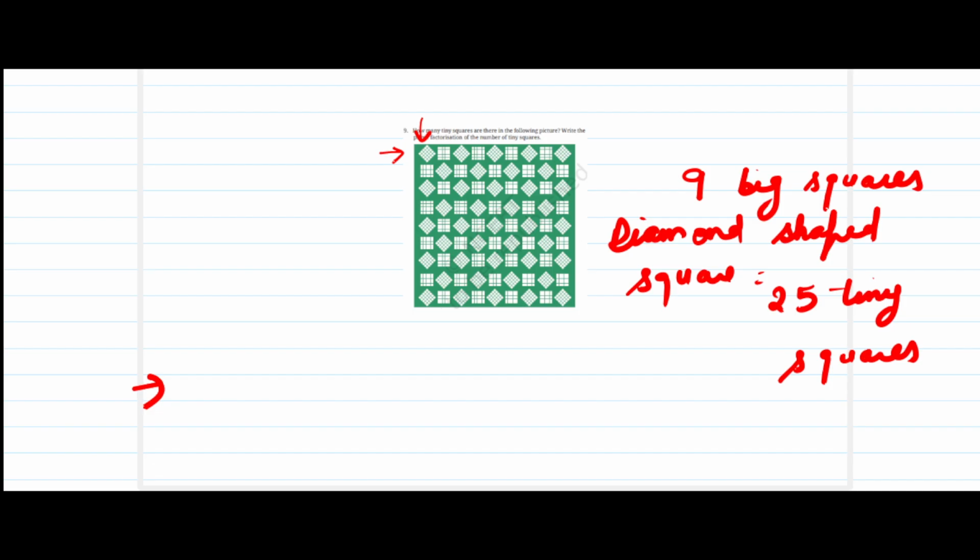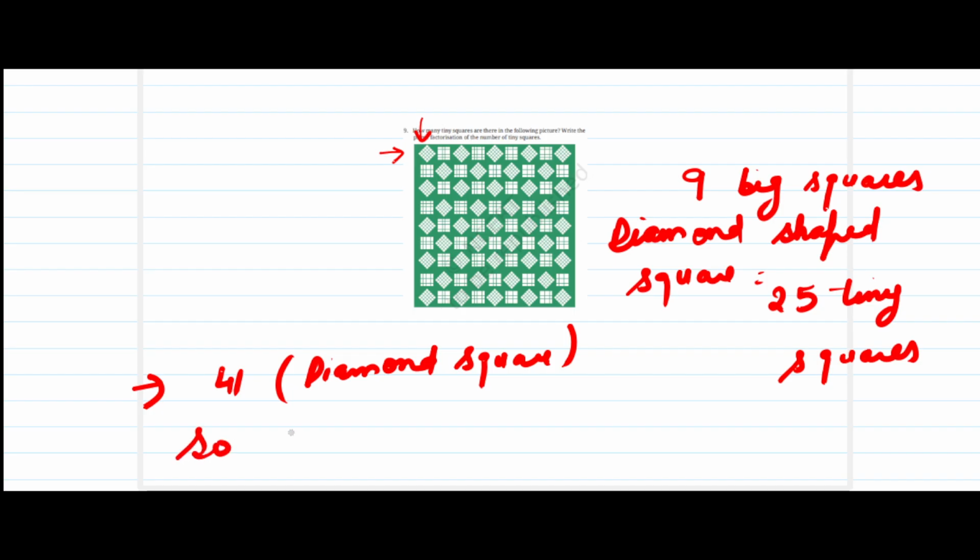Now we need to find out the tiny squares only, right? There are 41 diamond squares. 41, you can count it. Okay.